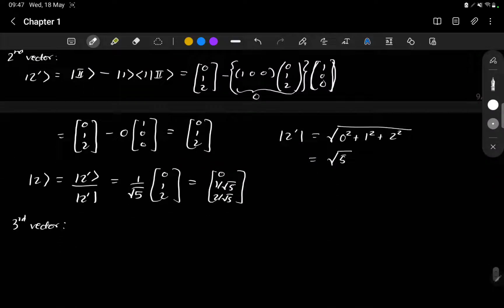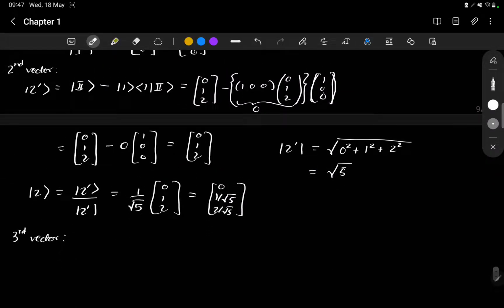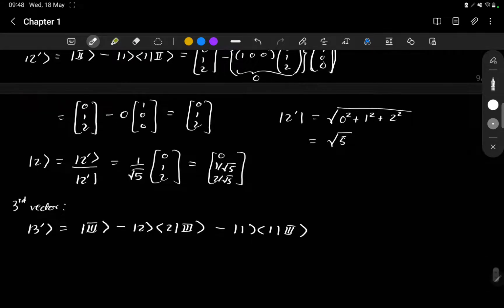So for the third vector, we will subtract the projection along the first as well as the projection along the second. Our third vector is 0, 2, 5.